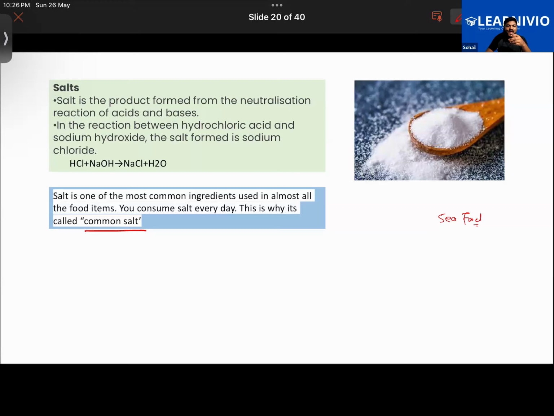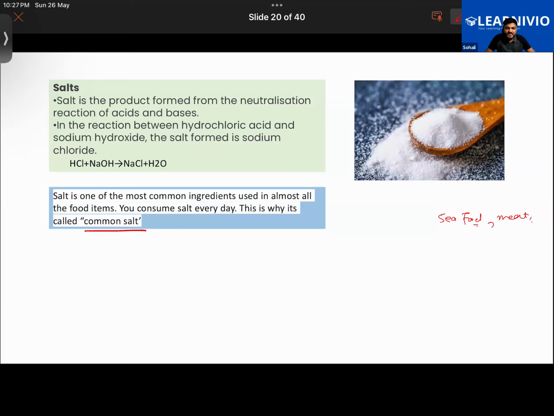In that, natural salt is found. Natural salt is found in seafood and in some meat. So we are getting our salt requirement from that also. While as a seasoning, we also add some extra salt in our food.